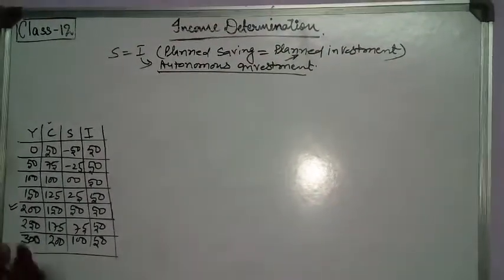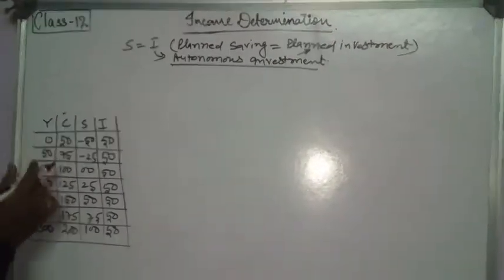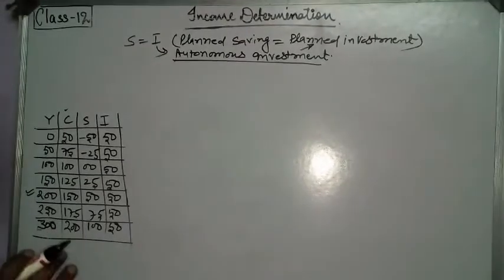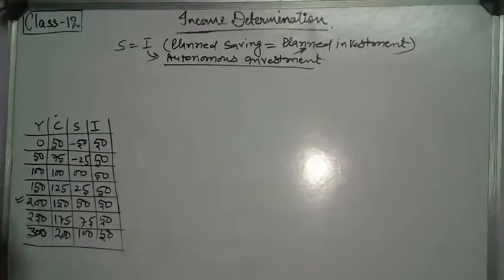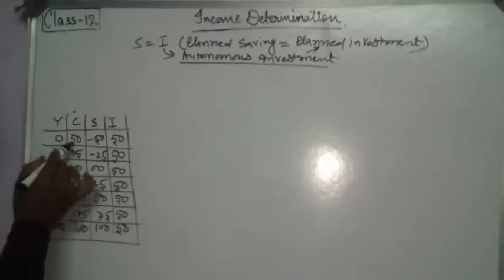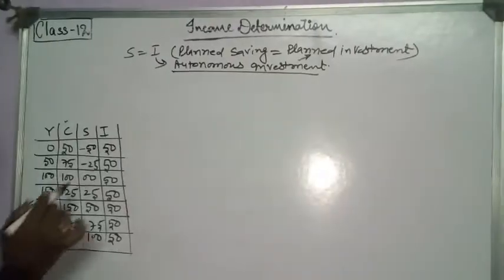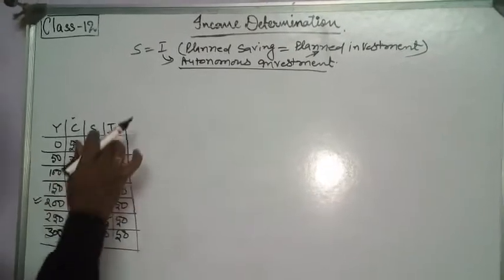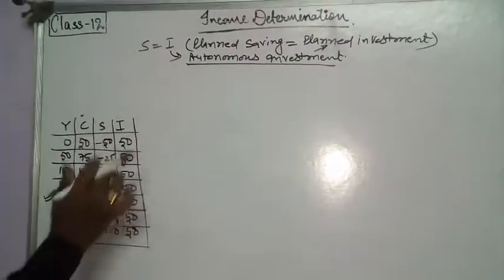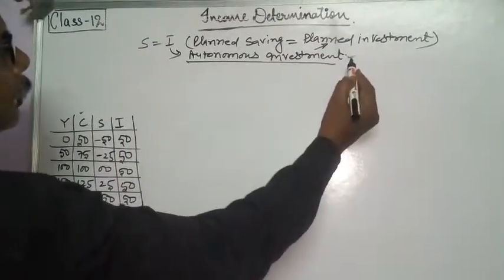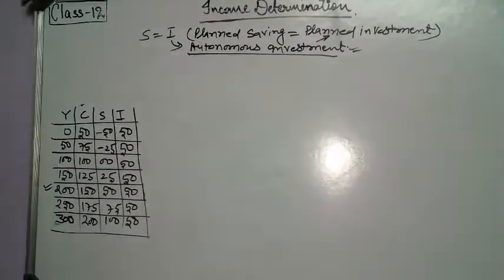Okay, so here I have taken the same numbers so that you can easily learn them. Suppose income is 0, consumption is 50, saving is minus 50, and the investment is 50. At all levels of income, the investment will remain constant because it is autonomous investment.